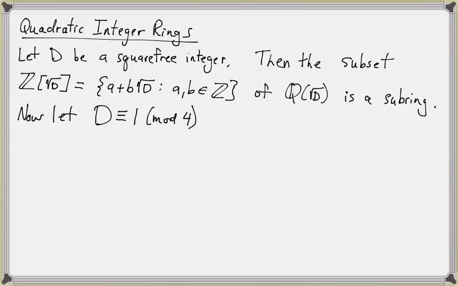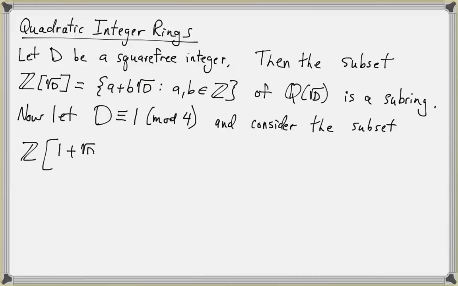And let's look at another subset of Q adjoining square root of D. Let's consider the subset Z adjoin 1 plus square root of D all over 2.